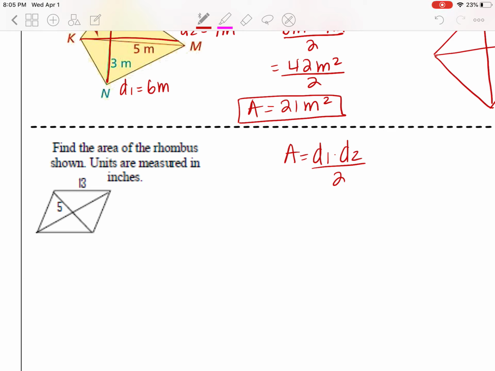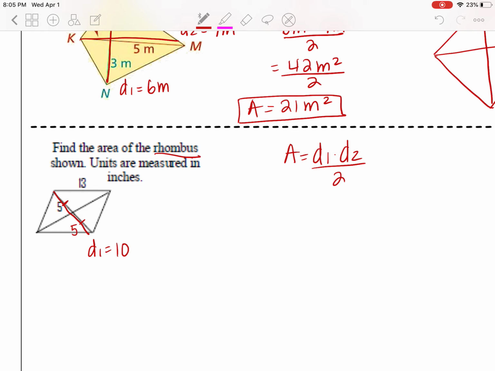And in this rhombus, we know that the length of the first diagonal is 10 since it's a rhombus and we know that diagonals bisect each other. So because that's 5, this must be 5 as well. So that's why the length of the diagonal 1 is 10.